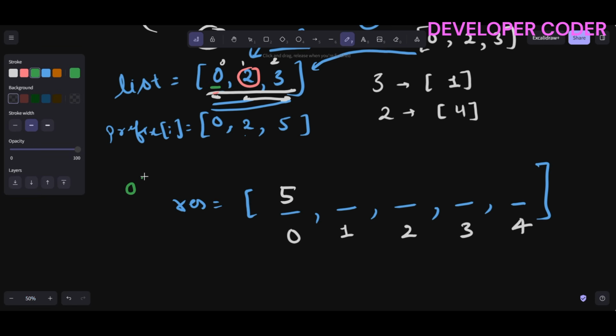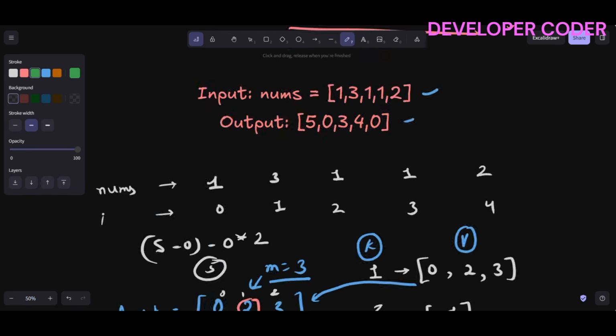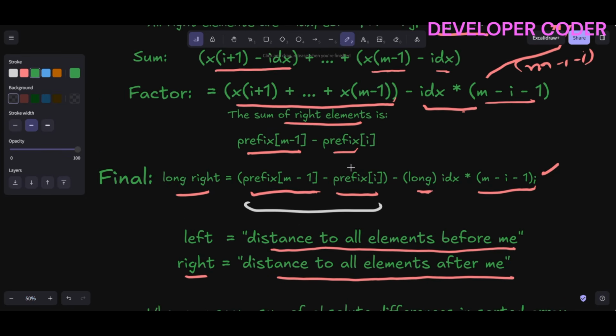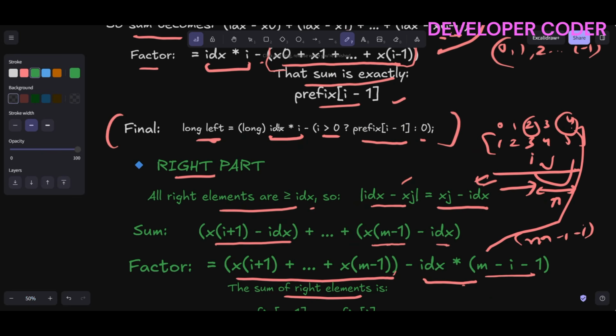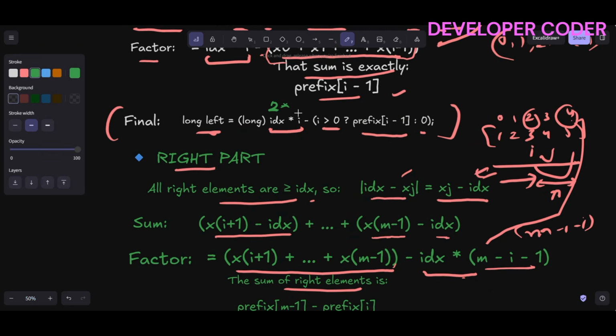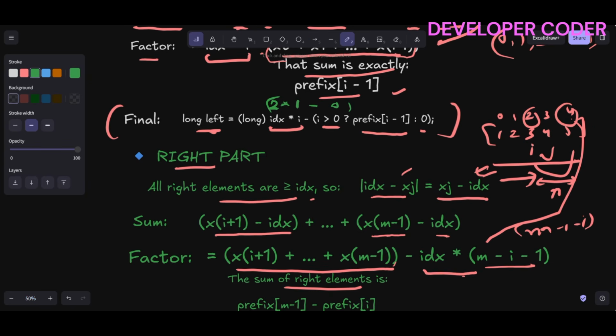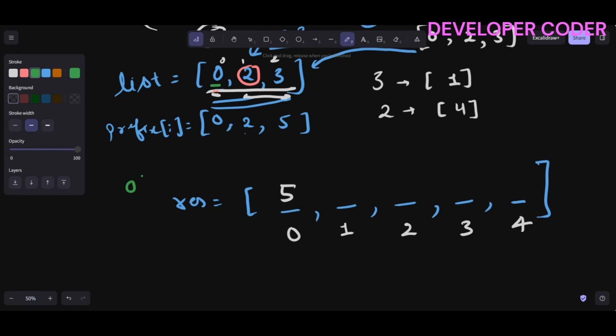And the count of elements here, idx into the count, is nothing but 1 on the left side, minus the prefix sum until here, so that is nothing but 2. So you are going to fill 2 here.